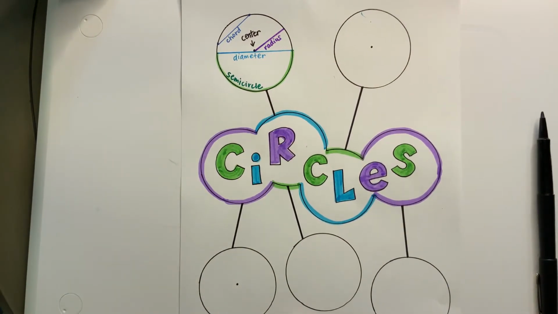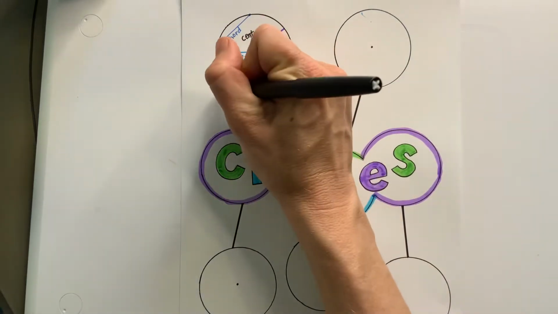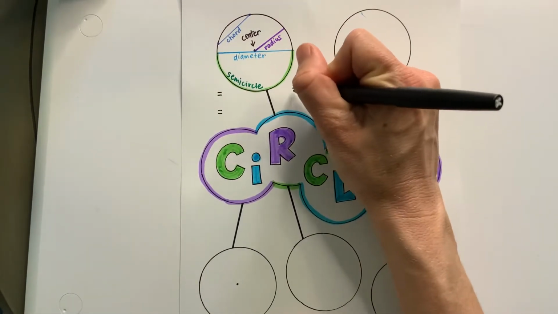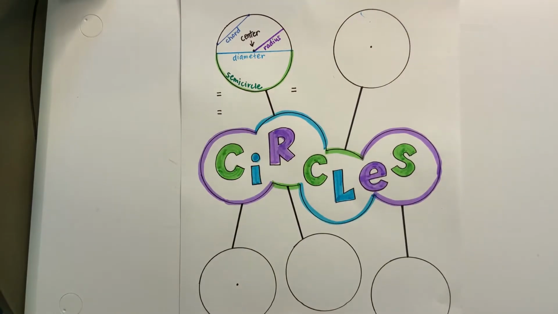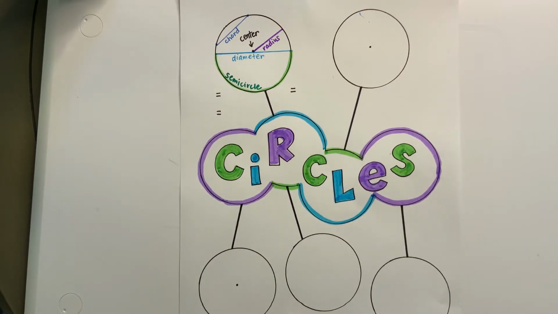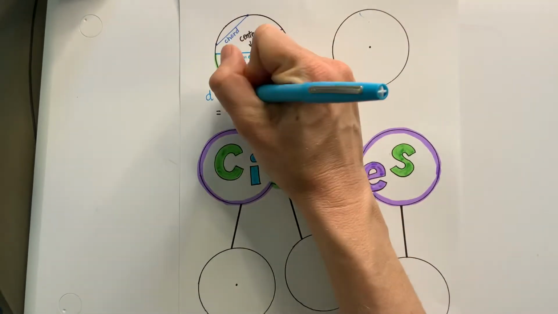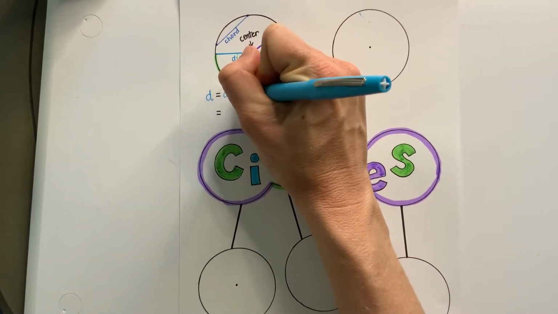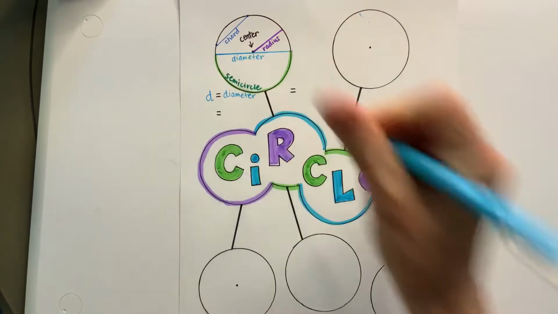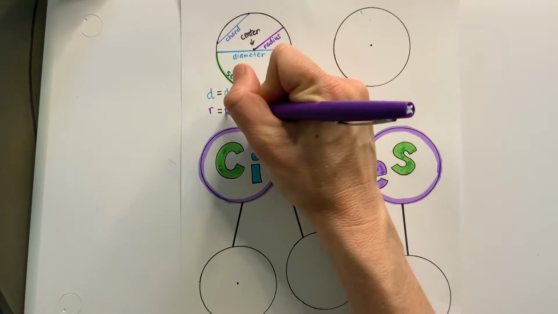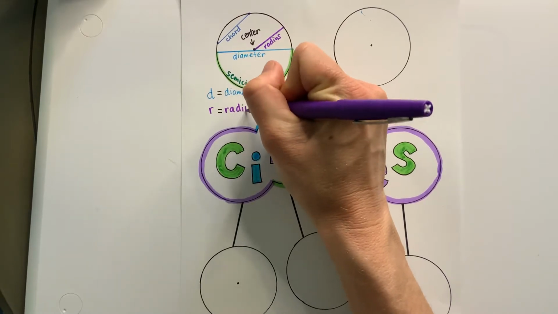So we use some special little variables to denote these words. So we have D, always stands for diameter, and you're going to see that a lot in our formulas. You're going to see R, that always stands for radius.